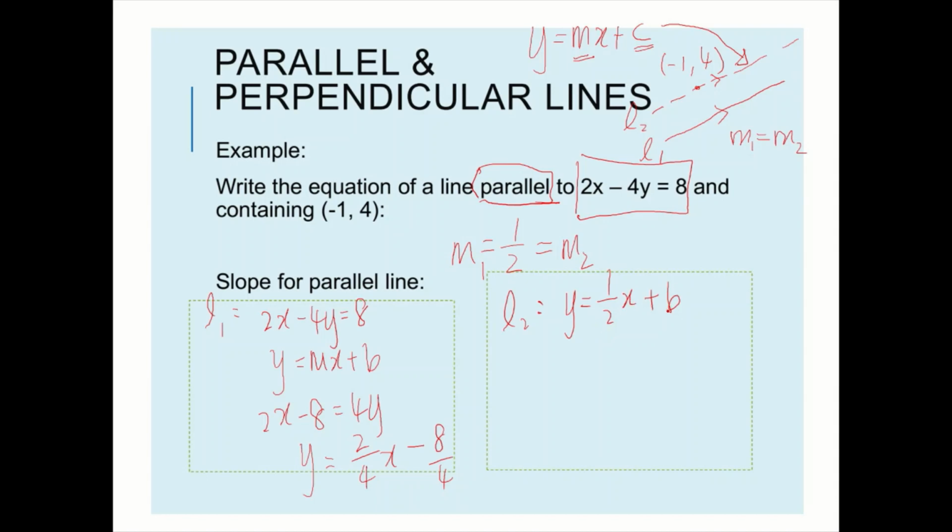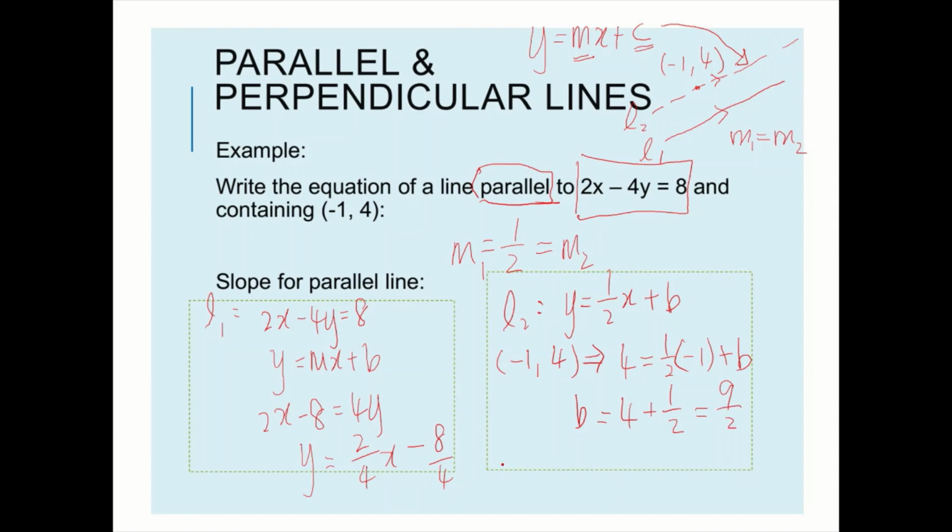To find the b, we need one point, and we have the point -1 and 4. This point is given. So substitute into the equation, the y is 4, the x is -1, and rearranging, we have the b is 4 plus 1 over 2, which is 9 over 2.